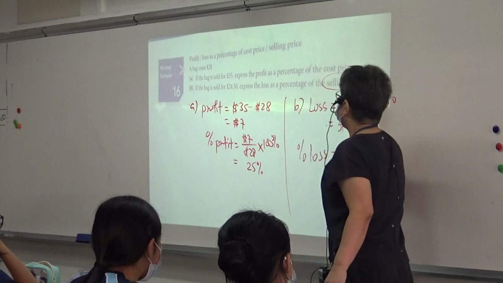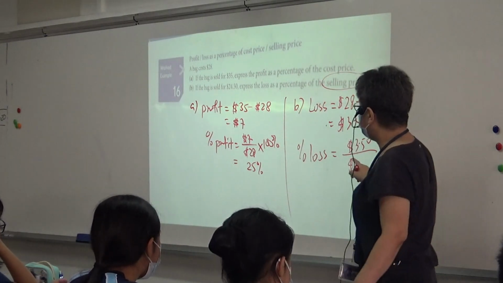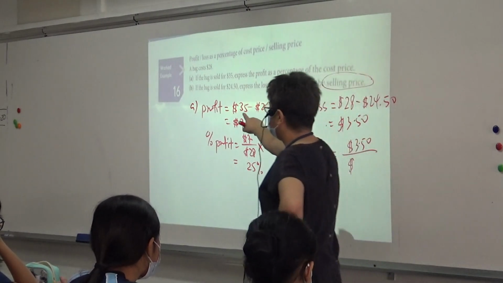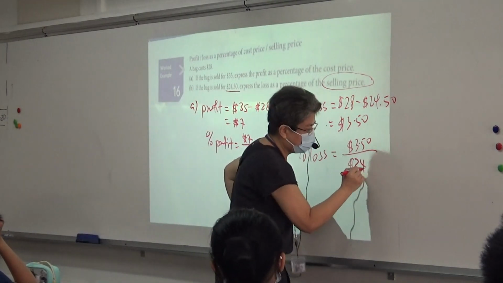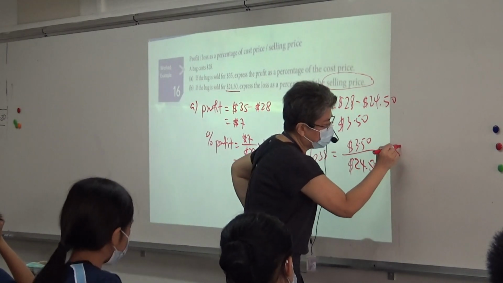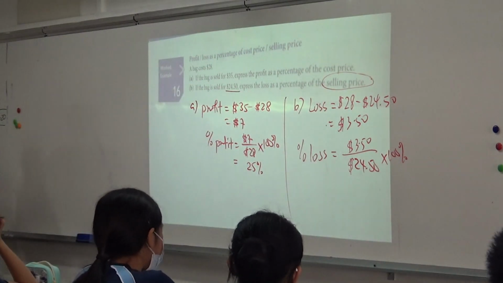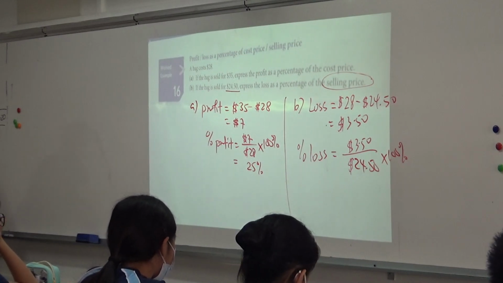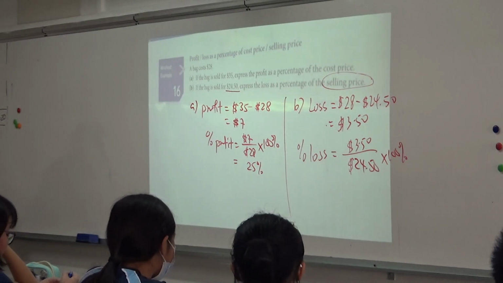Now, these questions want you to put it with respect to what? Selling price. So on what? Look at it carefully. What is this? 24.50 times 100%, right? Yes or no, class? Yes, so the answer will be 14.3% with respect to the question.